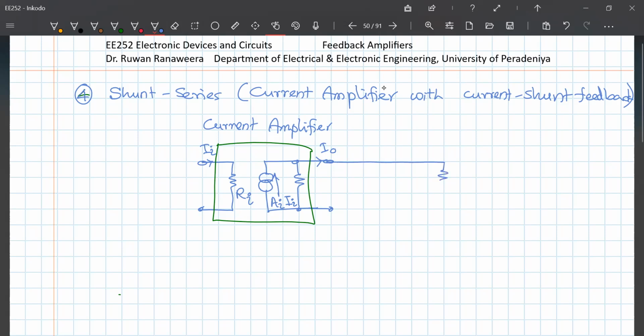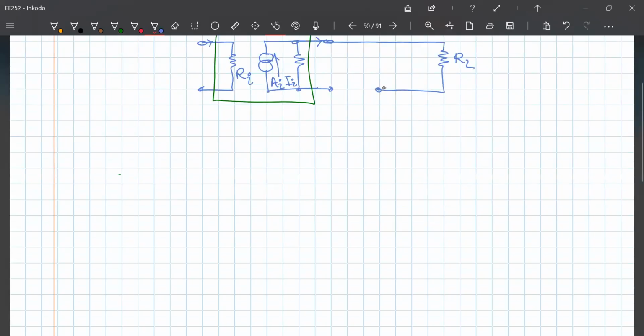And you have a load. This is the load. So the same current that passes through this load has to pass through the feedback network, right? So the feedback network, therefore, takes in a current. So a current sampler, you connect it in series. Okay, so you have to have a connection like this.